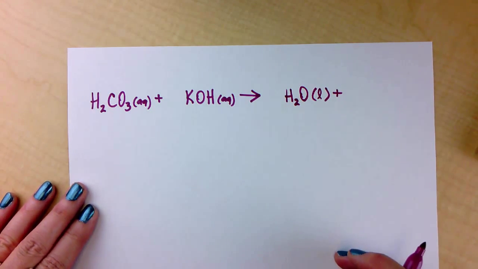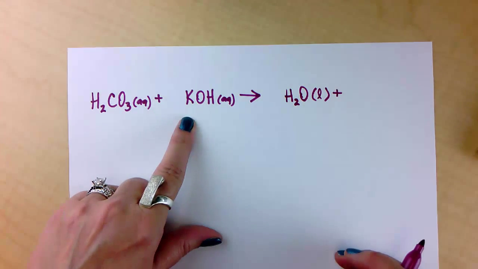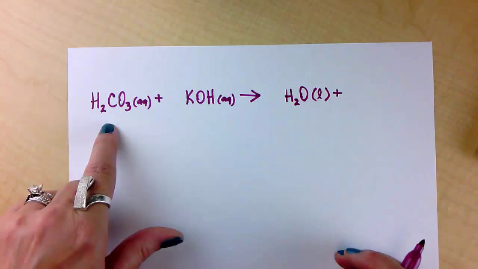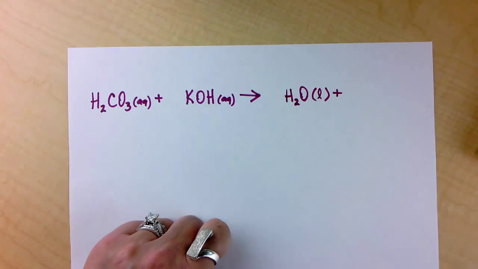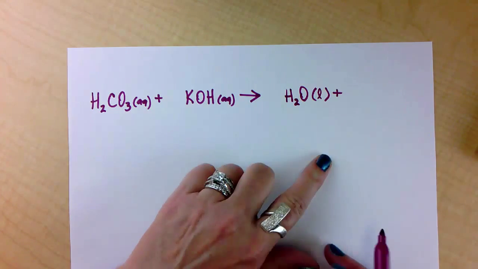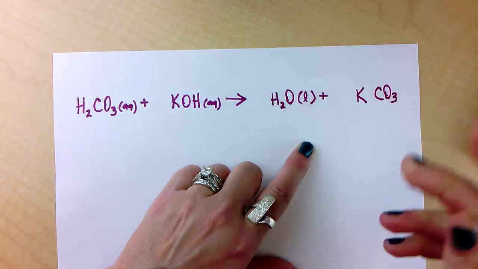What's left over? Well, we have CO3 left over and we have K left over. So those are going to combine together to form our other product. Which do we write first, the K or the CO3? Does it matter? Well, it does. We always write the metals first. So K is first and then CO3.